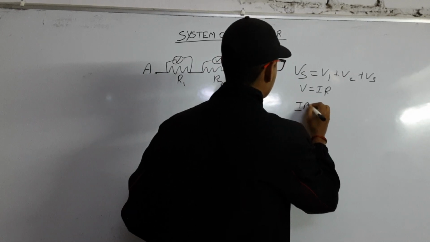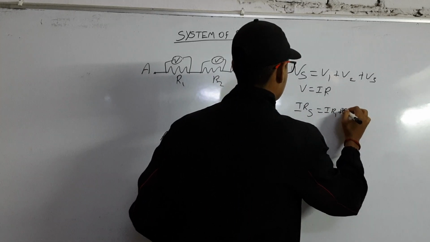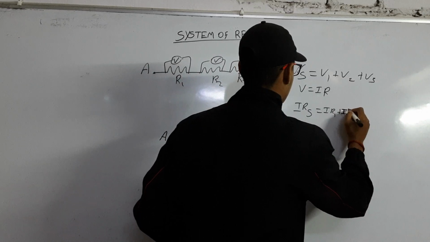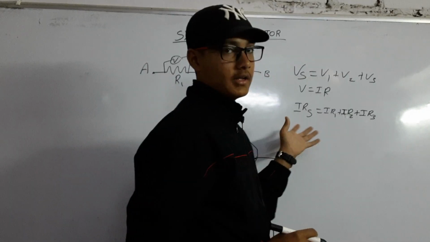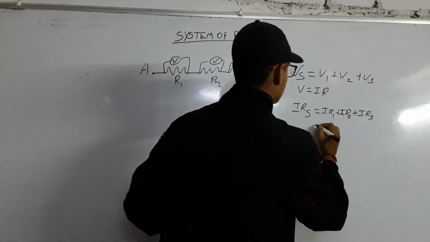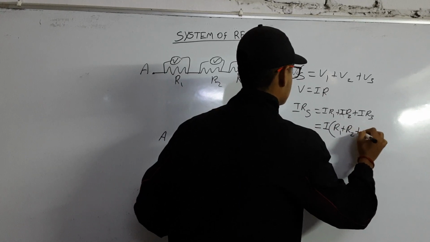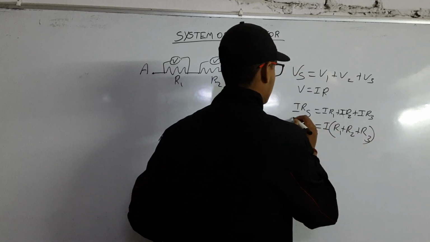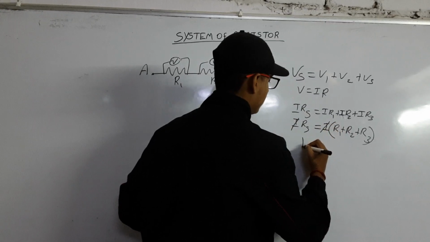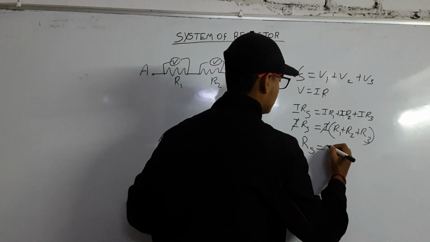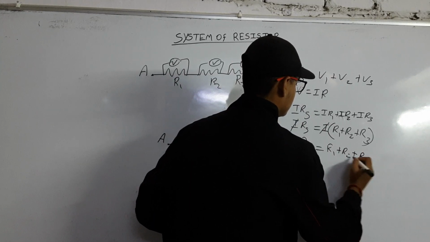So that is I Rs is equal to I R1 plus I R2 plus I R3. Now here we can take I as common, so it will be I times R1 plus R2 plus R3, and here it is I Rs. Now we will cancel I, and the final formula is Rs is equal to R1 plus R2 plus R3.